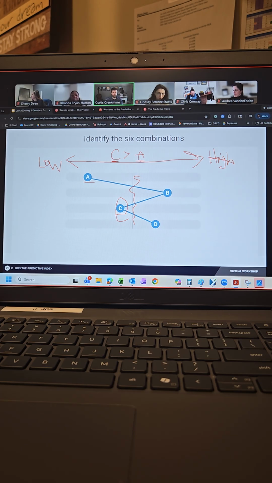Good? Okay. Next, let's talk about the A and the D factors. Is this person A over D or D over A? And Vicky, yes, it is always higher to lower. So yes, this person is D over A. Fantastic. How about BC?